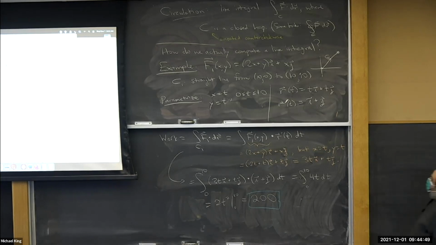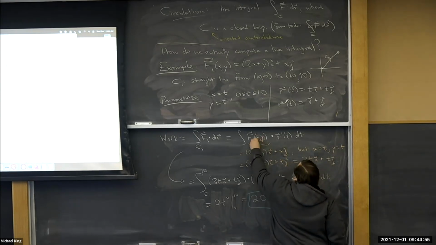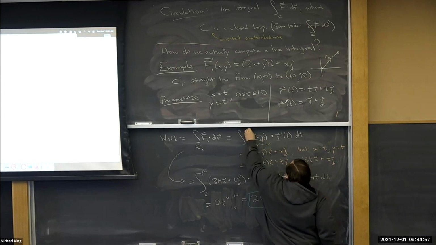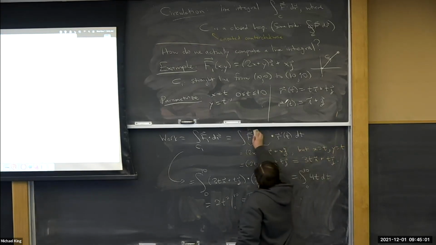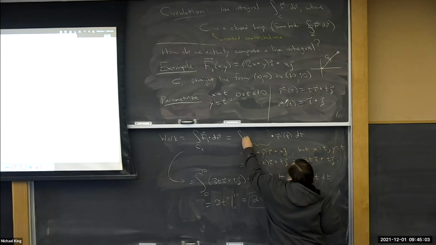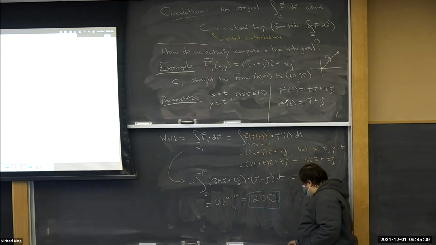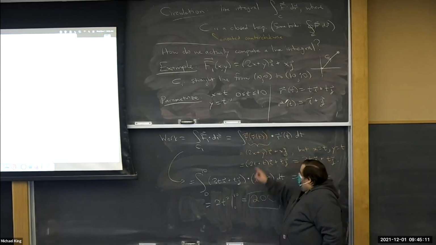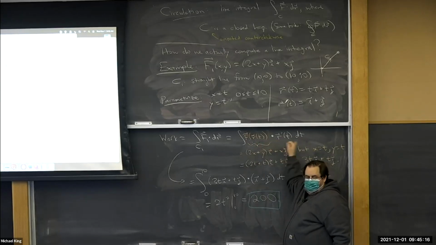There's a sense in which what I should write here is f of r of t. Let me just do that. You'll see it written this way in the book. You really are plugging in the path. It's almost like f of u du.